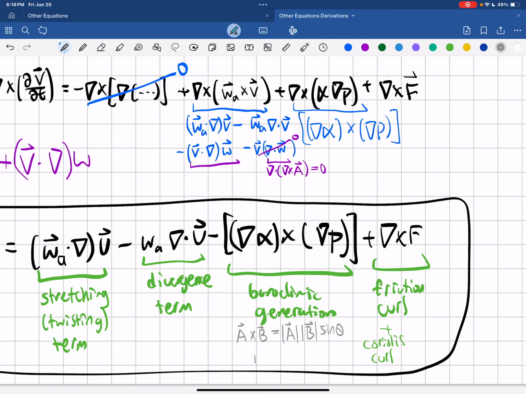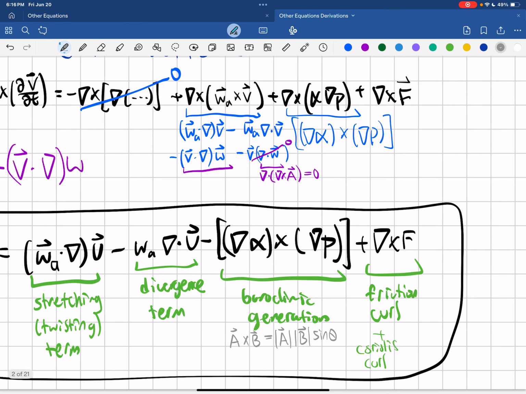So these two are the strongest when the curl is of vectors in different directions.